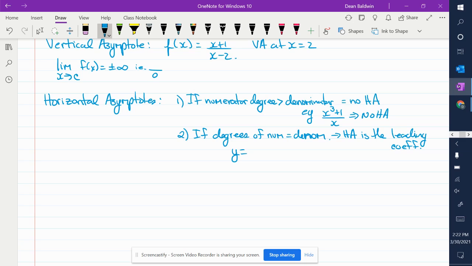So for example, if you have 3x squared plus x over 2x squared, the degree of the top is 2. The degree of the bottom is 2. So you just look at the leading coefficients. So what's the horizontal asymptote? 3 over 2. And we would say it's y is equal to 3 over 2. Yeah, that's the degree. It's always the highest power.